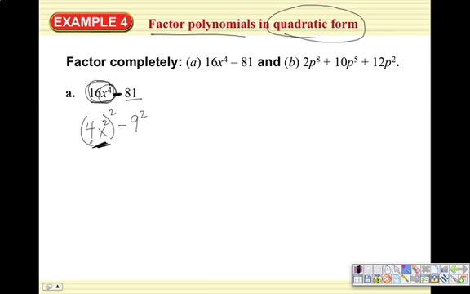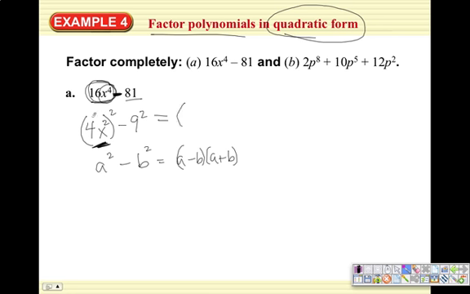It is 4x squared, squared. Why did I write it like this? So that I know my A and my B. This is a difference of squares right here. All you're going to do now is use your A minus B, A plus B. So here we go.